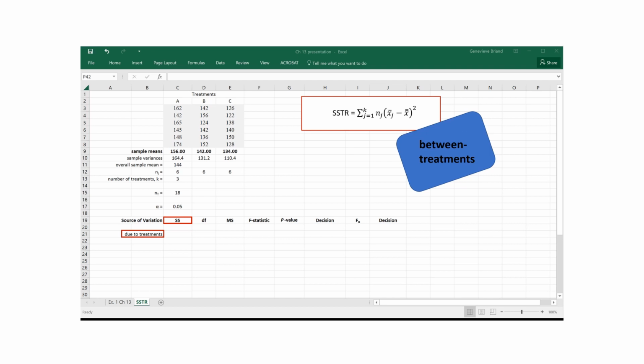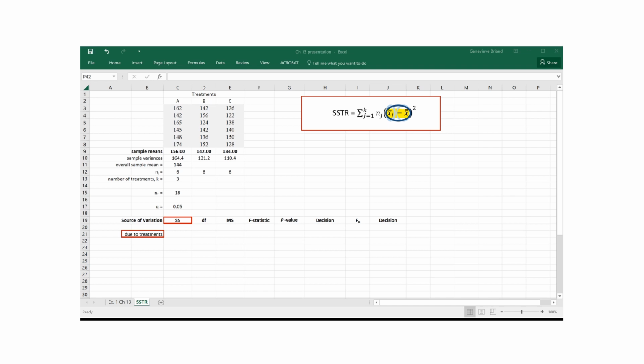So let's have a closer look at this equation. We always read an equation from the inside out. This equation is telling us to first take the sample mean from treatment j, subtract from that the overall sample mean.